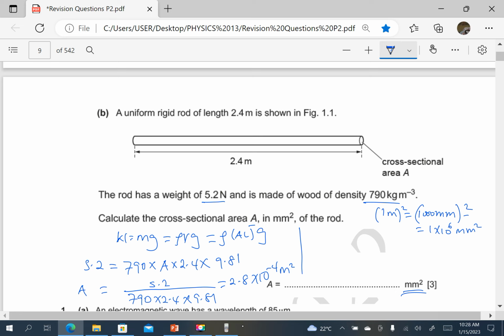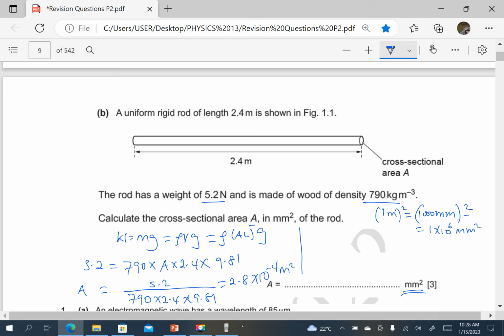So to convert from meters squared to millimeters squared, I'm going to multiply by 10 power 6, because this side I have in meters squared, I want to convert into millimeters squared.